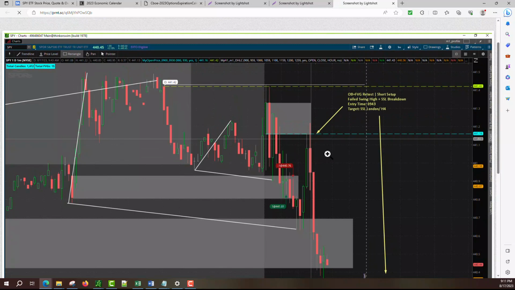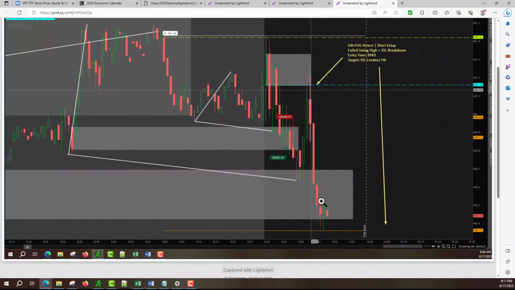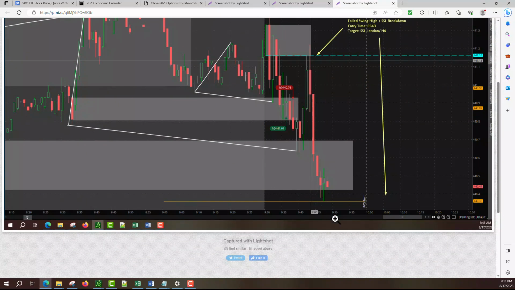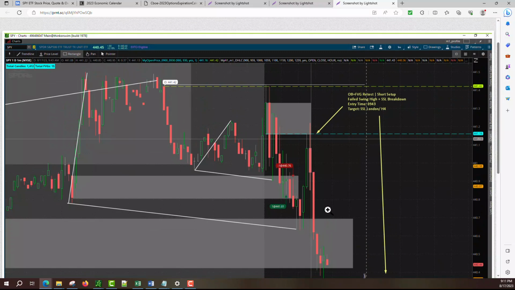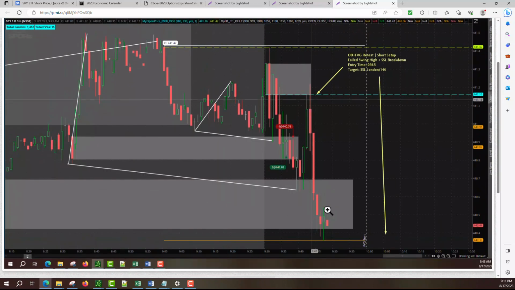Okay, so go back here. You remember we went in and went long here, and we got stopped out. Then we look at it later on, 10 minutes later, 43, right? We get lower also. Yeah, can you believe that?